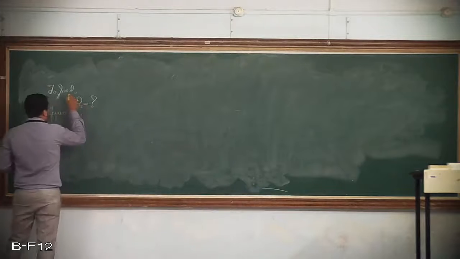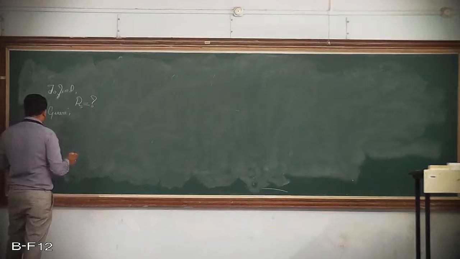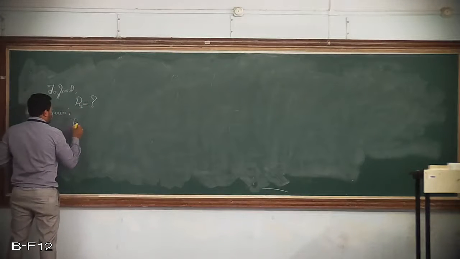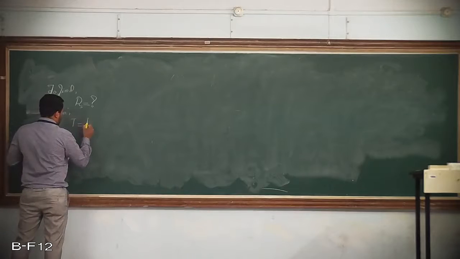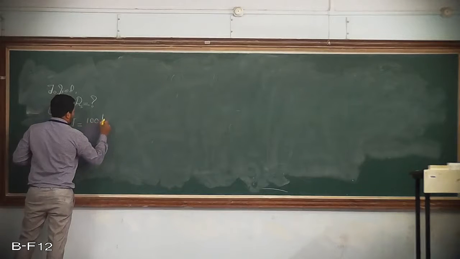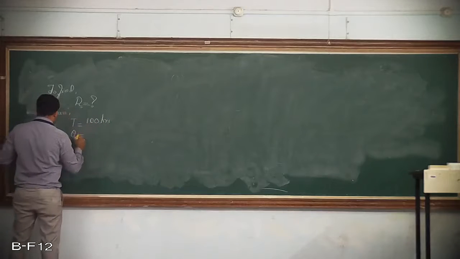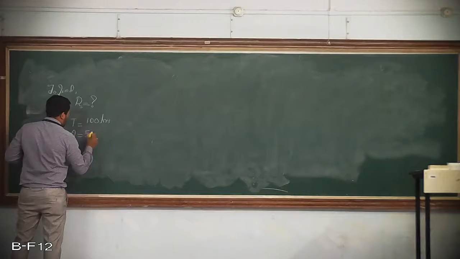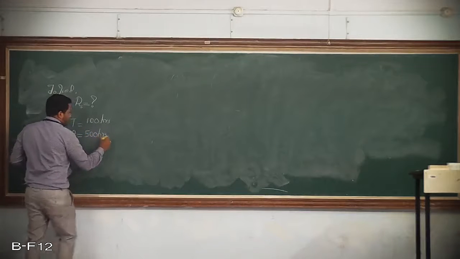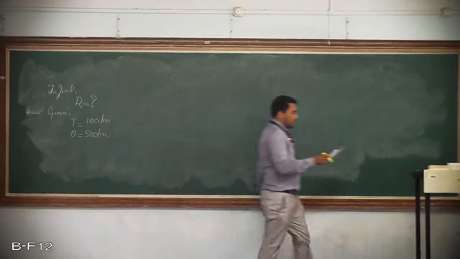So we are asked to find out the reliability of the system. The given is the time period, that is 100 hours, and mean time between failure, that is theta is equal to 500 hours.